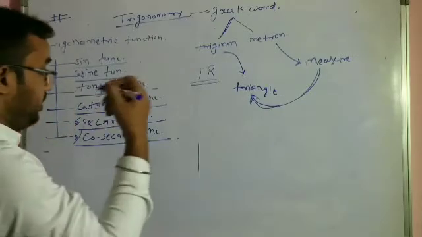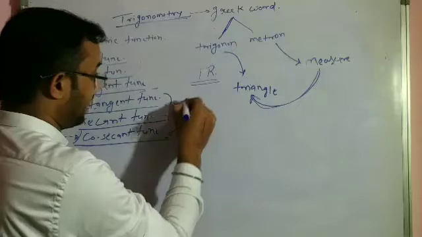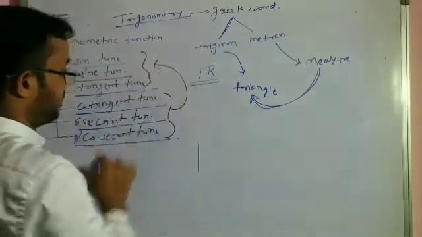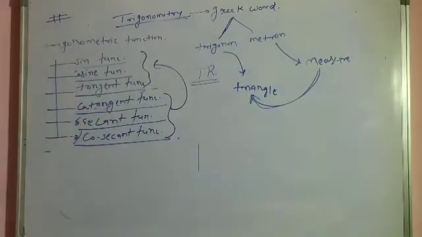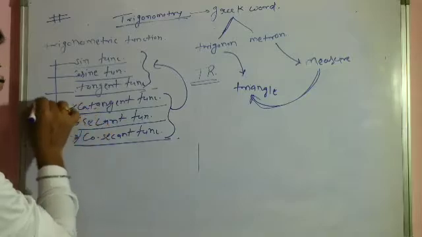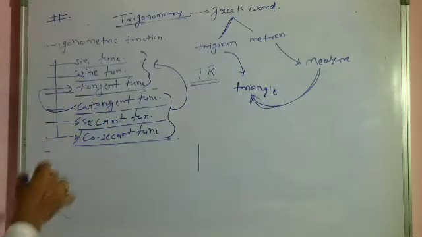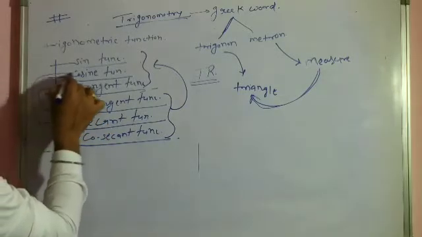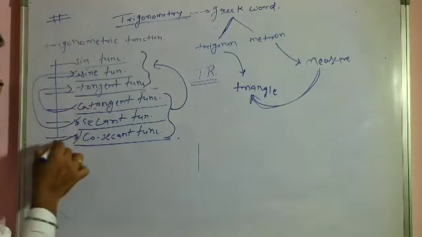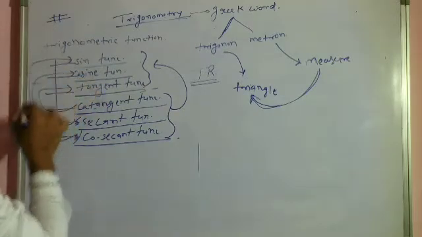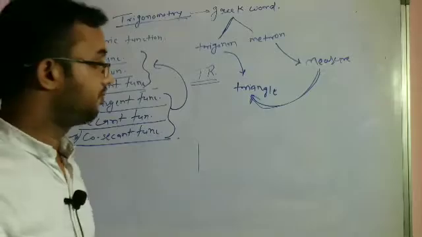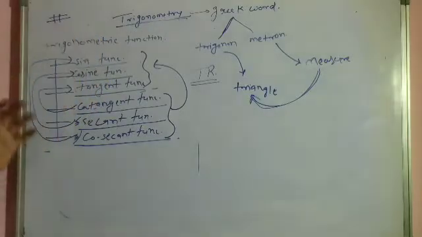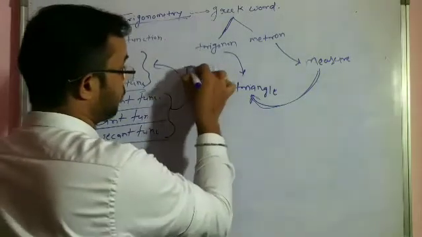Now, these trigonometric functions are reciprocals of each other. For example, cotangent is the reciprocal of tangent, secant is the reciprocal of cosine, and cosecant is the reciprocal of sine. Now, we discuss some trigonometric ratios.